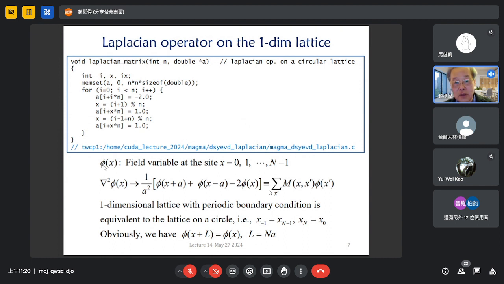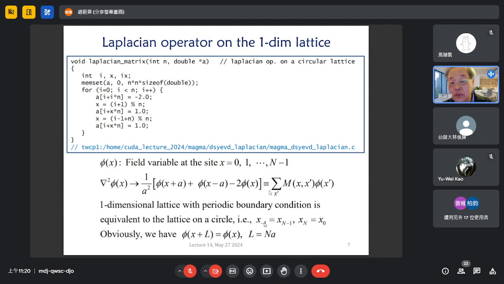So consider a few variables at the site, for simplicity just on a one-dimensional lattice, on a circular lattice with the periodic boundary condition. So we can easily construct this matrix.